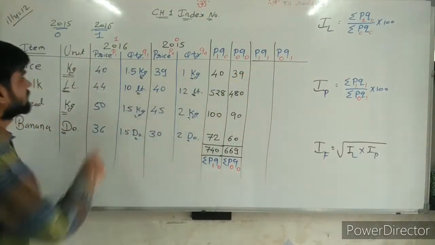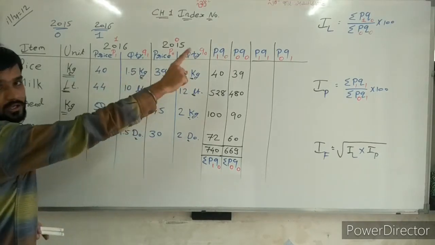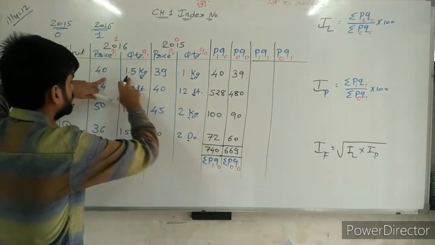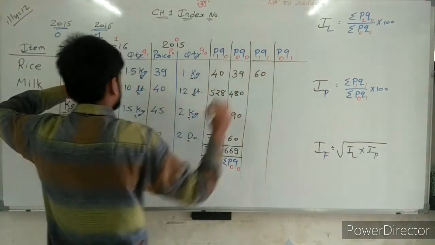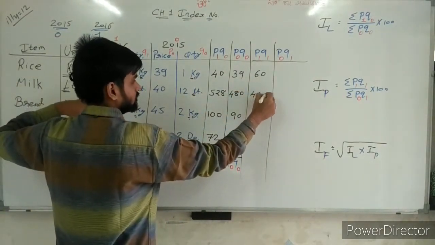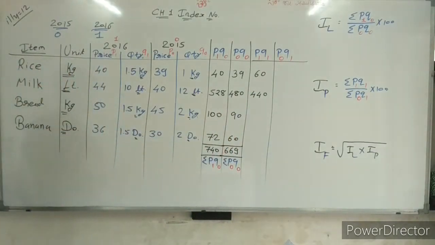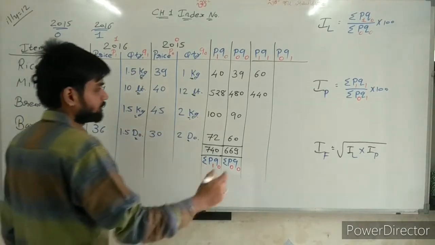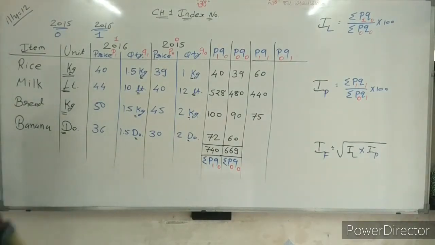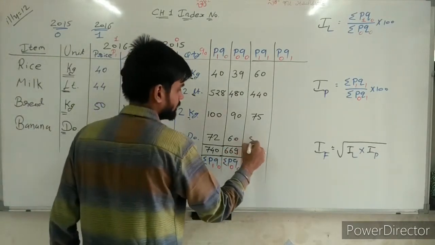Now P1 Q1. Multiplication of these two, we are writing here. So 40 into 1.5 is 60. 44 into 10, 440. 50 into 1.5, so 75. 36 into 1.5, 54.